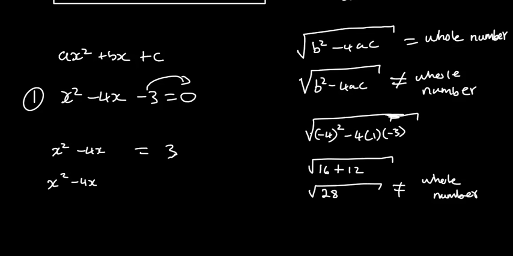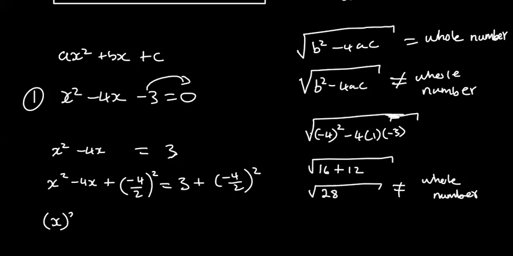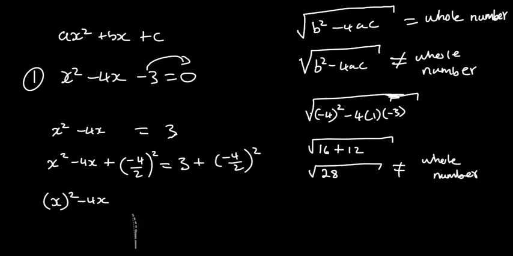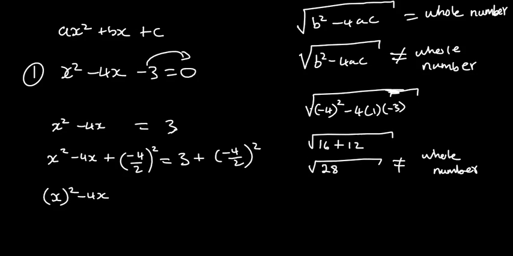Then we say plus negative 4 over 2, squared. On the other side we'll do the same thing, 3 plus the same squared. Then I will rewrite that as x squared minus 4x, and then that is going to give plus minus 2.